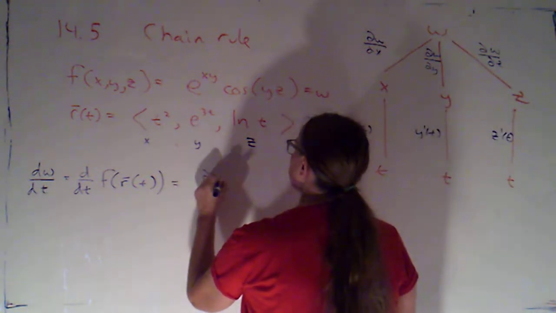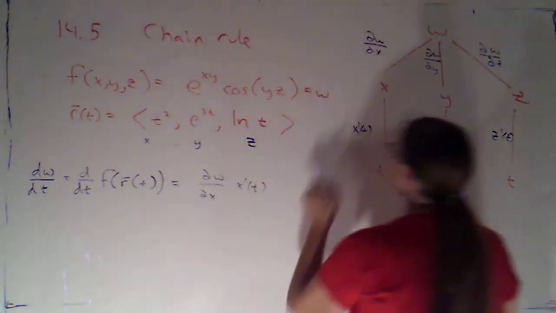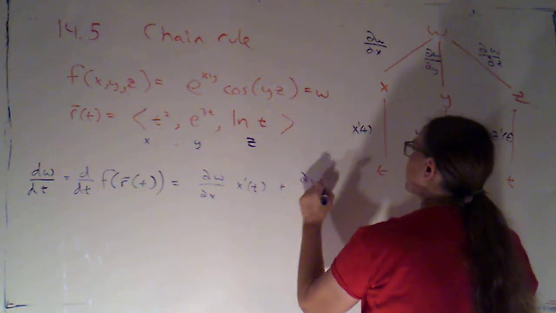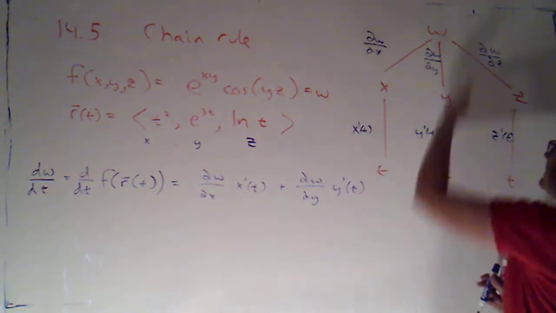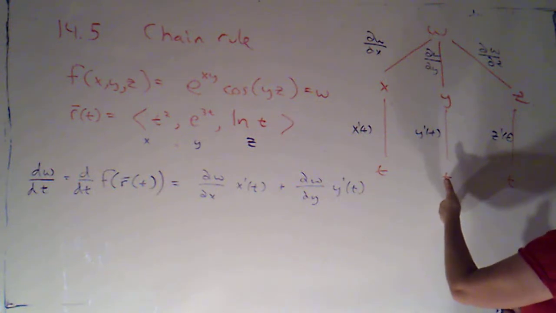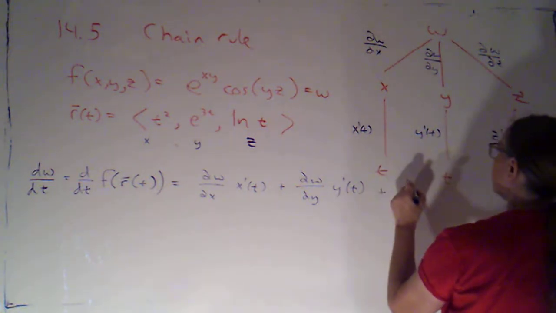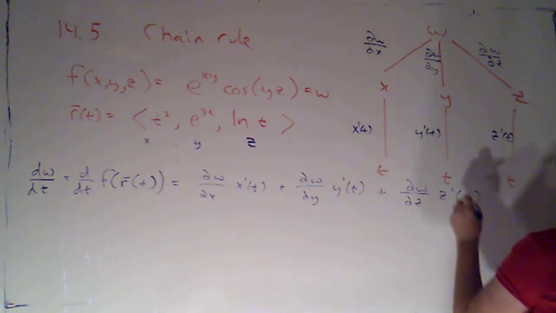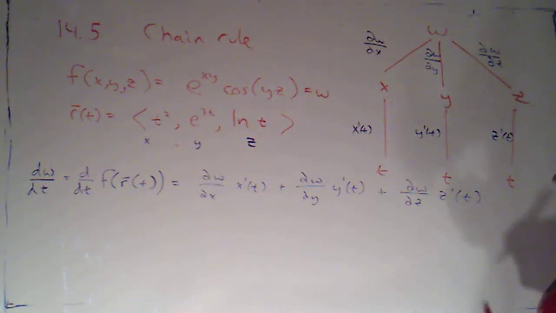So we'll have the partial of w with respect to x times x prime of t. That's the product of these derivatives. Plus the partial of w with respect to y times y prime of t. That's the product of the derivatives along this path that connects w to t. Plus the partial of w with respect to z times z prime of t. That's the product along this path that connects w to t.